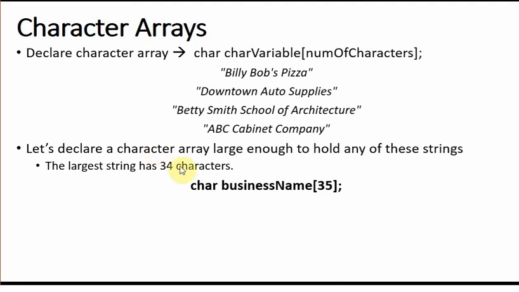So you take the maximum, which here is 34, add 1 to it, and that will be the number of characters that you will store. If you made it 34, this longest string would show only Betty Smith School of Architecture with no E.